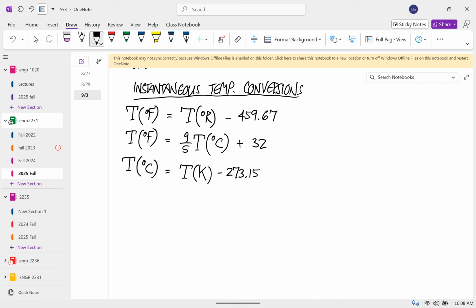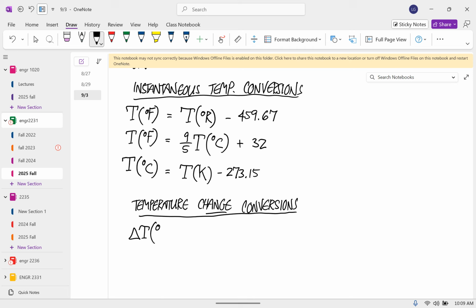Okay, but what about changes in temperature? A change in temperature using Fahrenheit units is the same as the change in temperature using Rankine units.